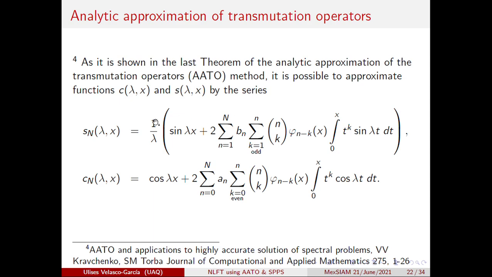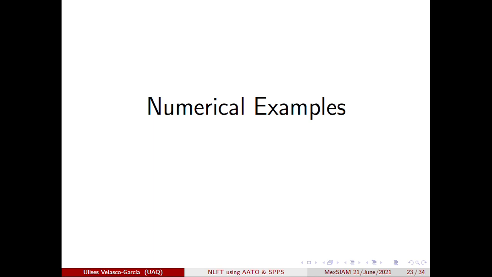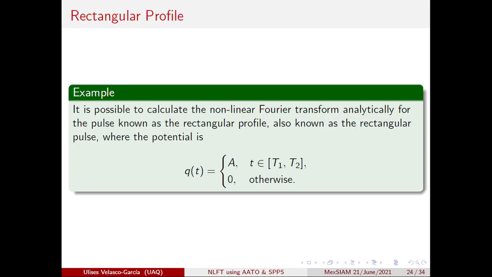So this might look like a different version of the SPPS method, but it is not, because the properties are very, very interesting. And I'm going to show in a few slides the properties of each method, the SPPS and AATO.